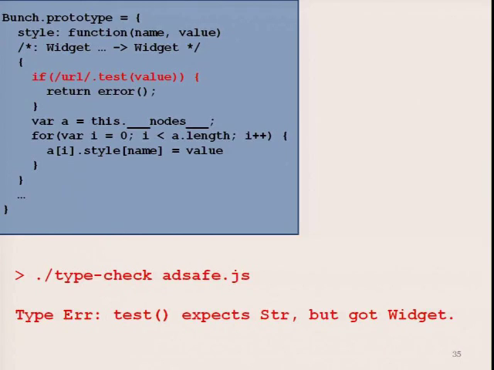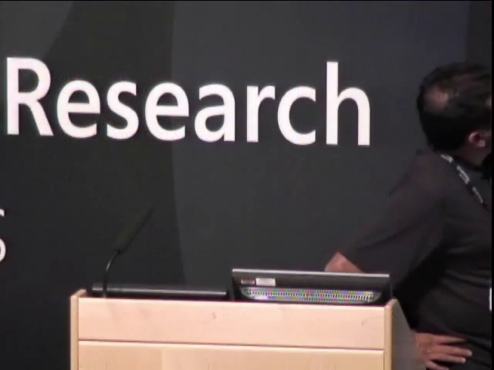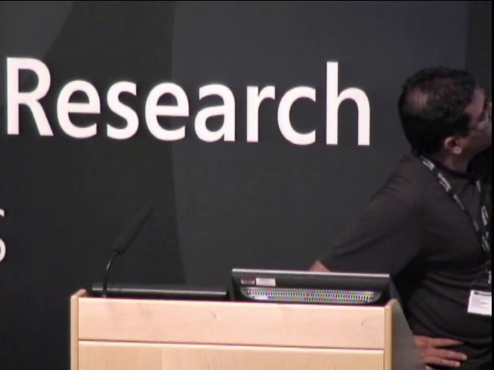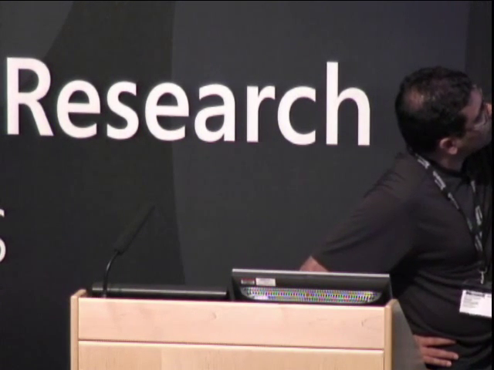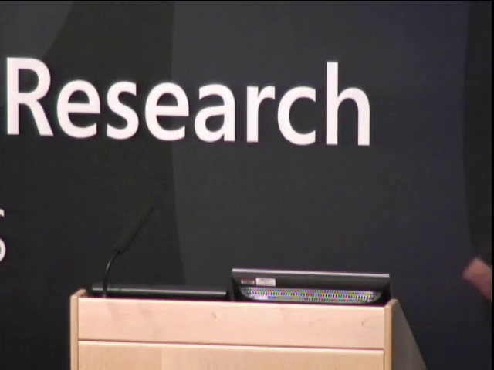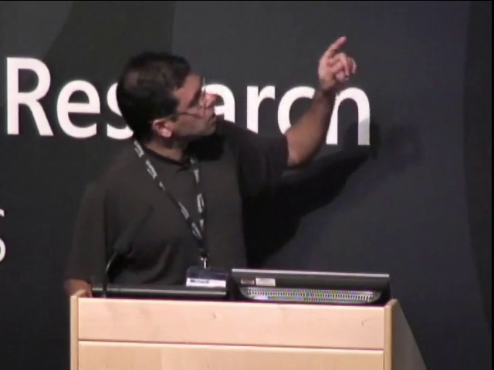What's going on here is, let me see. I have this URL, which I'm using as a regular expression, and I'm testing whether its value passes whatever this test criterion is. And I'm then later on using the value over here. I'm assigning it over here. And the problem is the way you attack this code is you pass in a value, an object that actually has state in it.